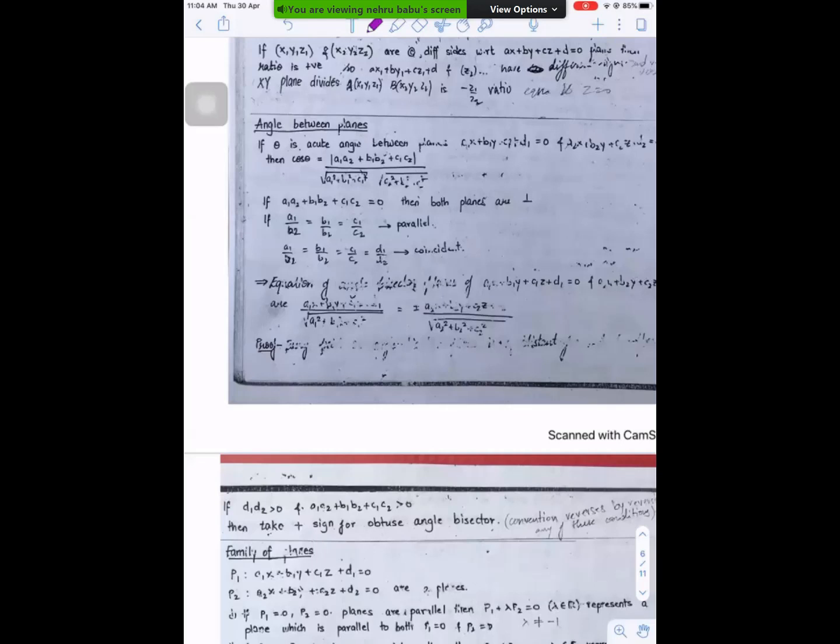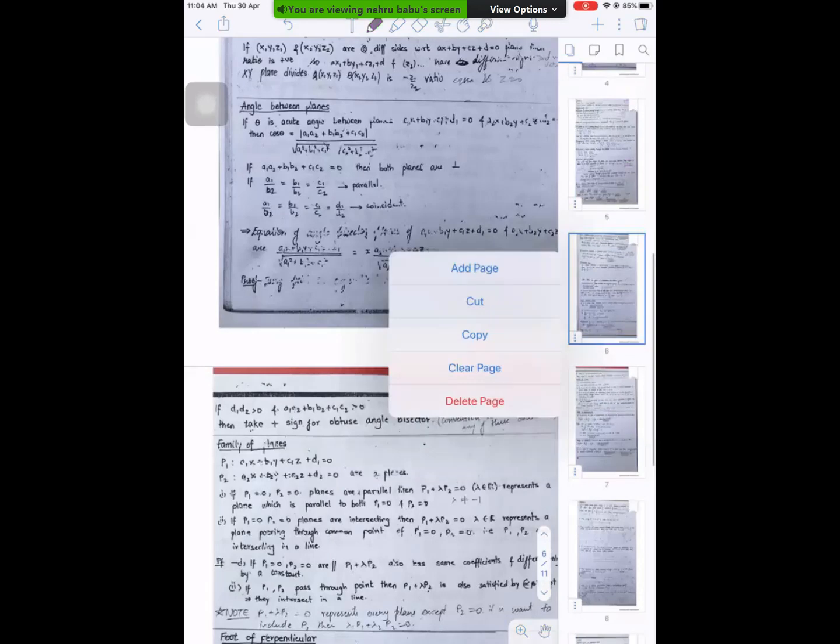Next, the equation of the angle bisector plane, the same as for straight lines: a1x plus b1y plus c1z plus d1 by root a1 square plus b1 square plus c1 square equal to a2x plus b2y plus c2z plus d2 by root a2 square plus b2 square plus c2 square, with plus or minus.